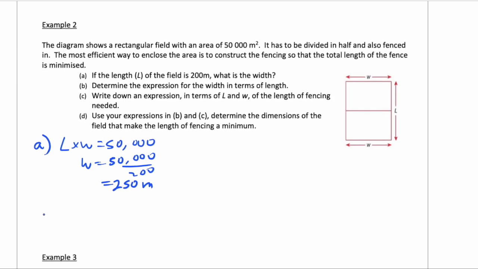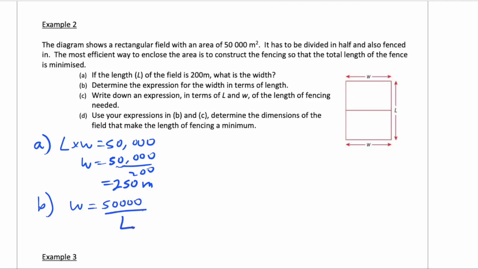B, find an expression for the width in terms of the length. Well, we'll just do the same thing we just did here, right? Width equals 50,000 divided by 200. You can just say width equals 50,000 divided by L. Next, write down an expression for the total length of fencing.